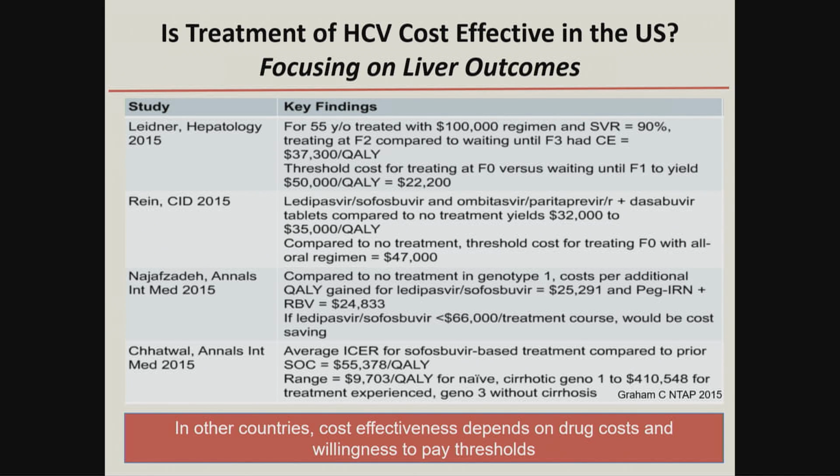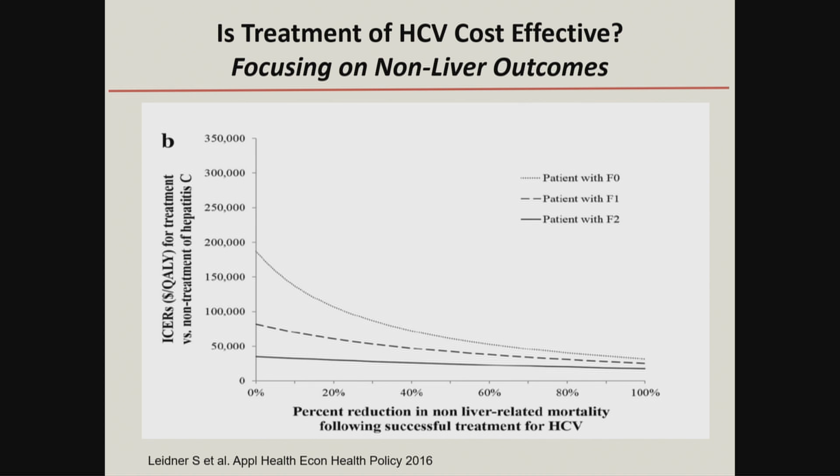So in the United States, traditionally the willingness-to-pay threshold was about $50,000, but one can argue that that's too low and too outdated and could be as high as $150,000 per life saved. But that does not apply to other parts of the world, and the data from the rest of the world needs to be looked at on a country-by-country basis.